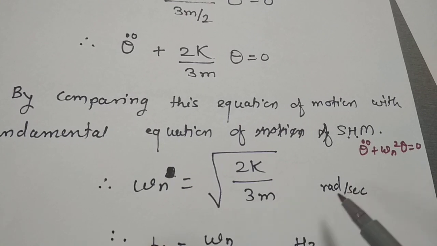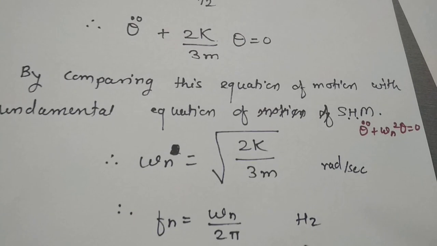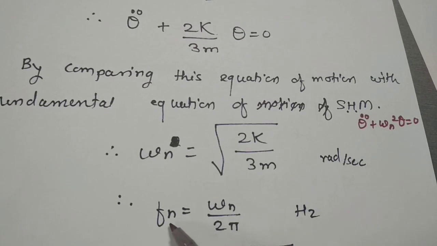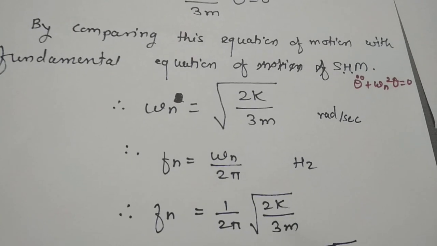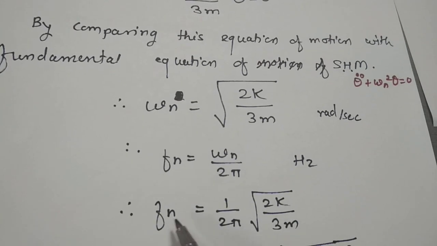Convert this radians per second into hertz. That will be Fn, natural frequency in hertz, omega n divided by 2 pi, that will be in hertz. So Fn is equal to 1 upon 2 pi square root of 2k divided by 3m. And put the given values.